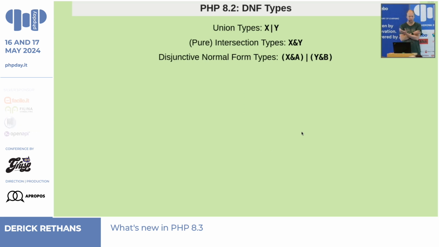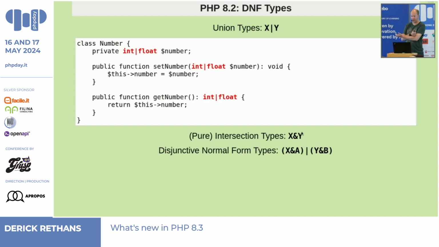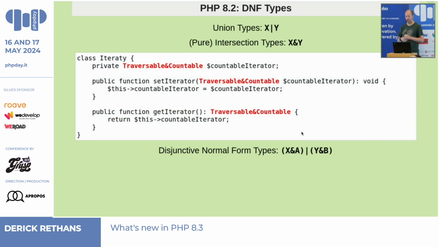Similarly, for a long while we have had union types. They were introduced in PHP 8.0, where you could have int or float types. So if you have a number, you could do it as an integer or floating point number, which is kind of useful. And then in PHP 8.1, we got intersection types. Something has to be of both interfaces here.